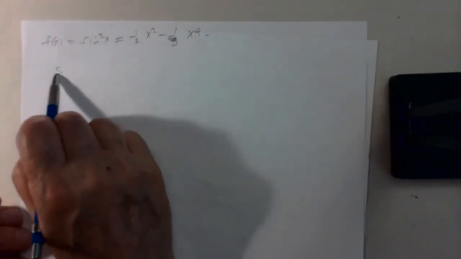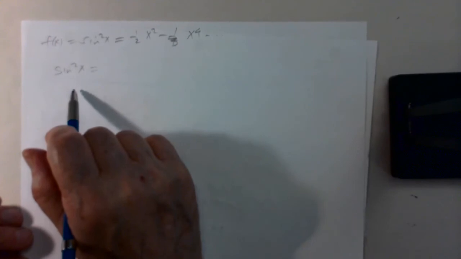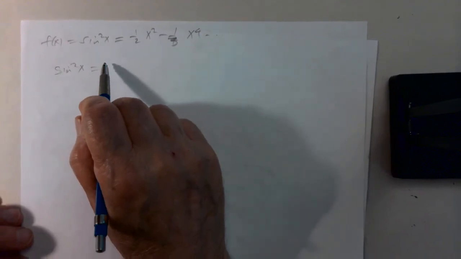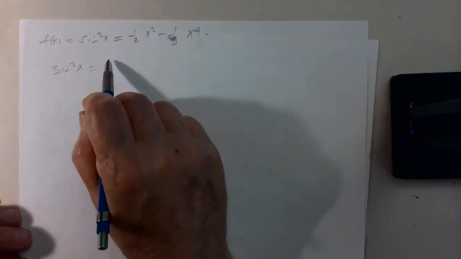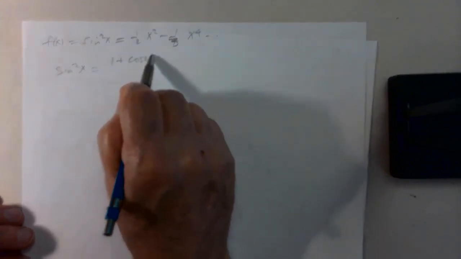We remember sine squared x is (1 plus cosine 2x) over 2.